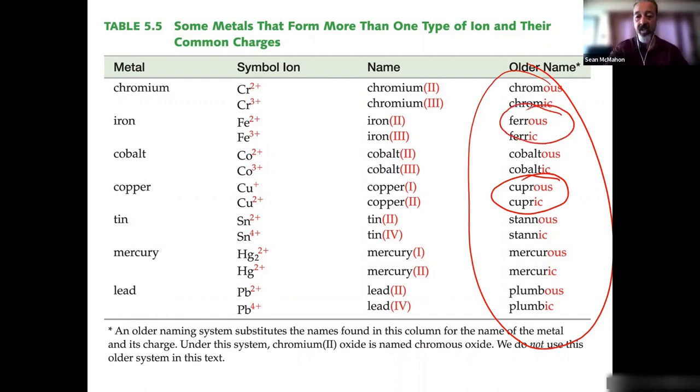I love this one. This is the -ous and the -ic, because this is a lesser charge. 2 is less than 4, so it's plumbous and plumbic. But lead is plumbum. I love plumbum. I remember I thought that was so funny when I was at UCSD because I'm Pb, plumbum. Anyways, so we're going to use the stock system. It's a lot easier.